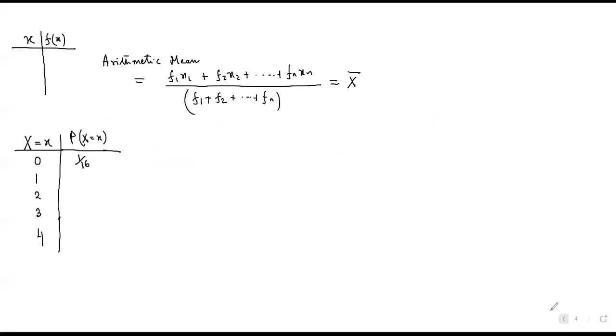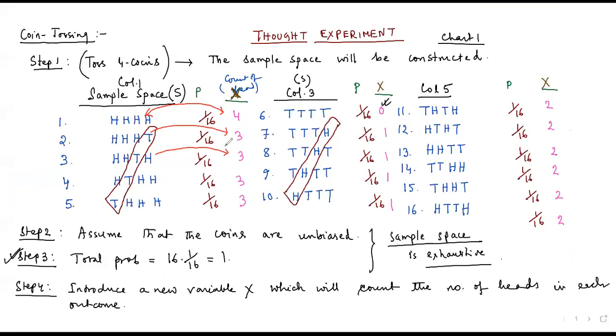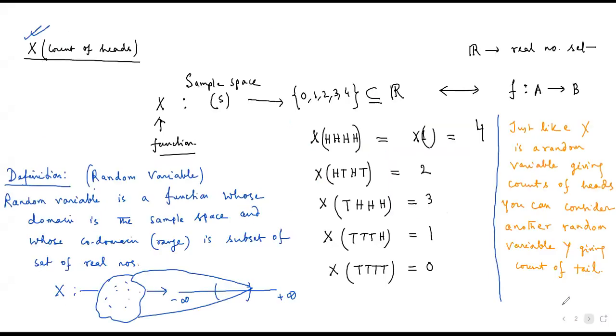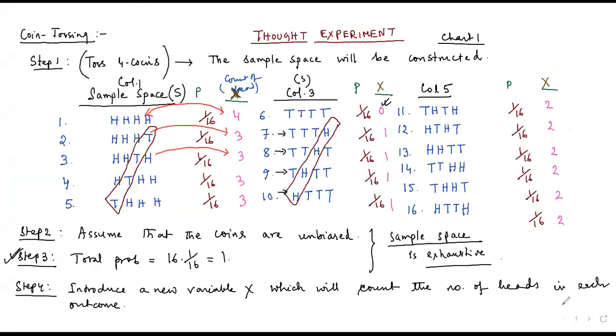When the outcome is 1, that means I'm talking about those outcomes where the count was 1 only. So there are four of these types. So what are these types? TTTH. Okay, so these are the types.